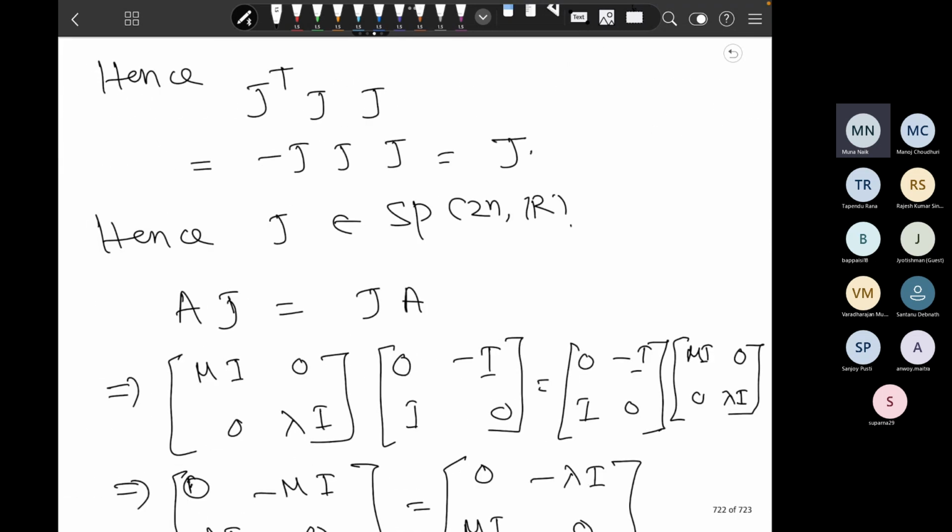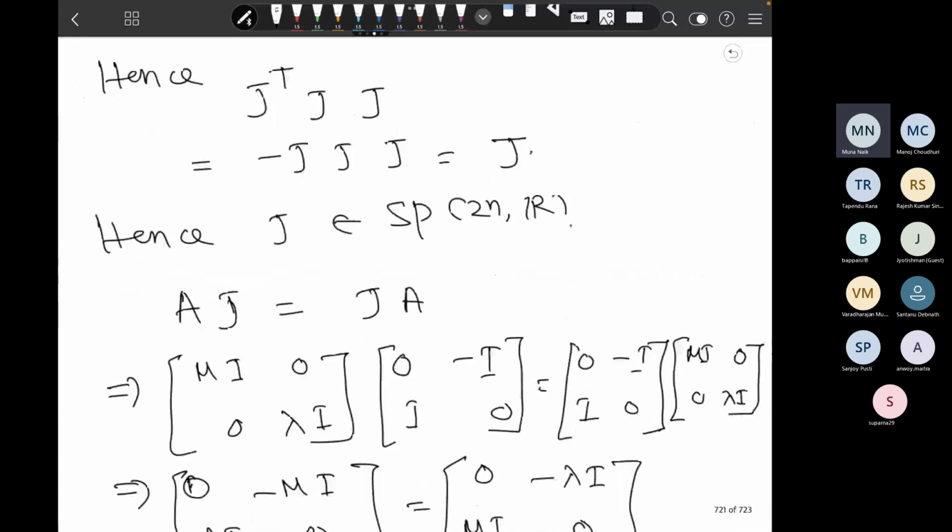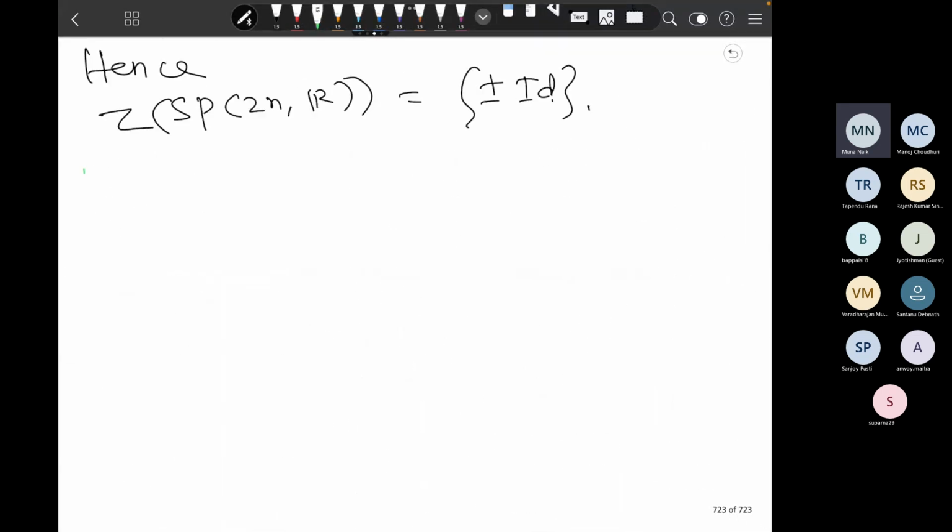Now similarly, Z of Sp(2n,C). This is the 10th example.